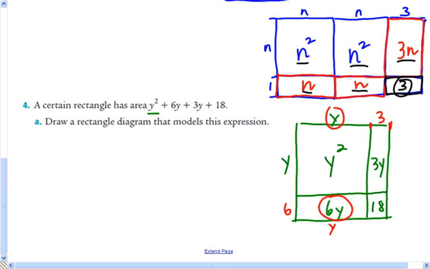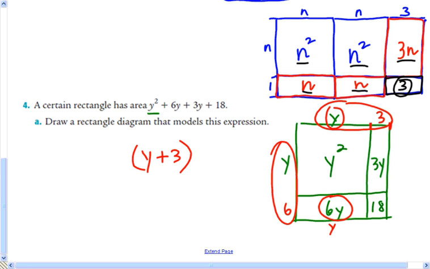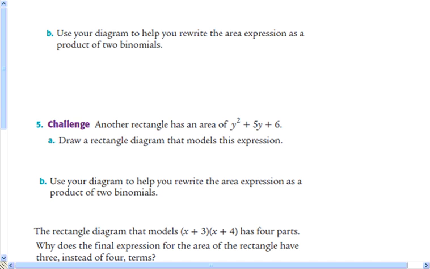And so that rectangle can model that. And we can see from our expression, if we just write length and width, that y plus 3 times y plus 6 is going to be equivalent to y squared plus 6y plus 3y plus 18. And so that's the answer to part B.